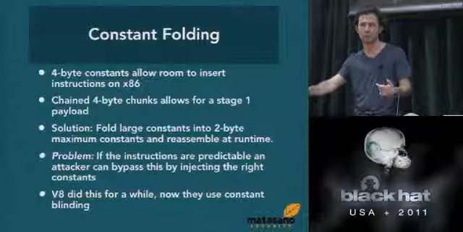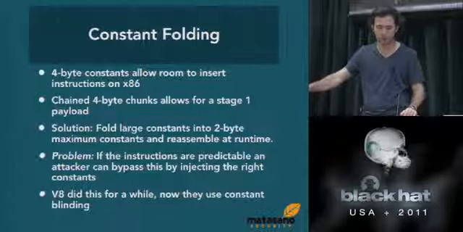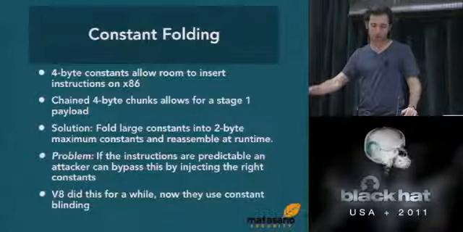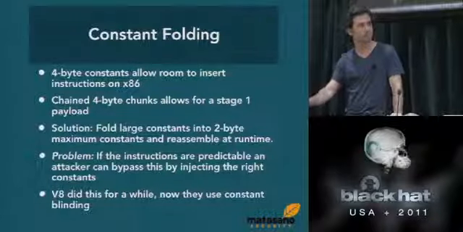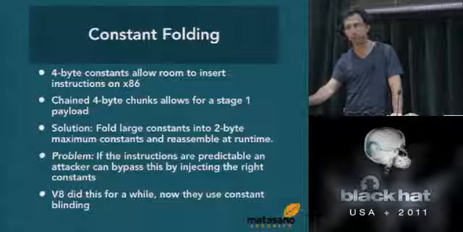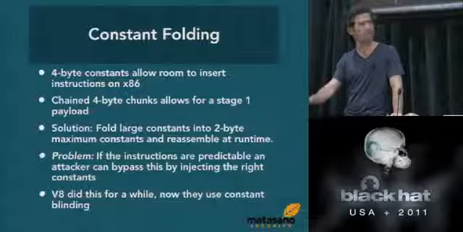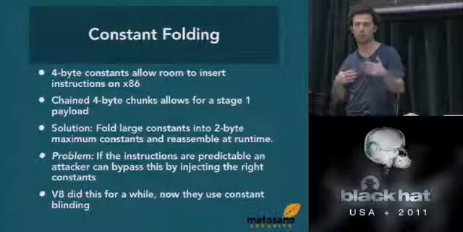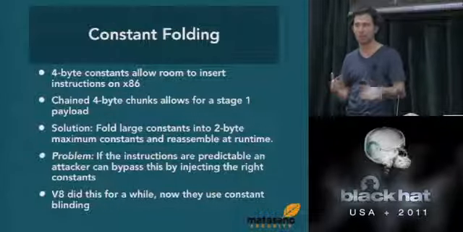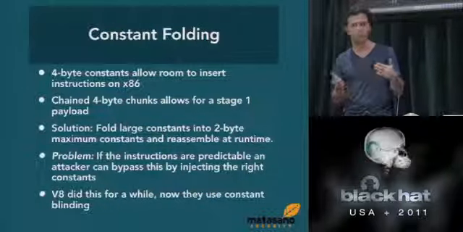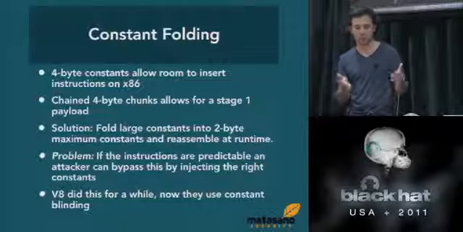Since x86 instructions are pretty small, having 4-byte blocks is pretty bad. So the solution was to fold large constants into smaller constants and then reassemble them at runtime. You take any constant that's over 2 bytes long, break it up into multiple instructions that perform a similar operation with smaller constants, and then reassemble it later. So that prevents you from inserting larger constants with more code.